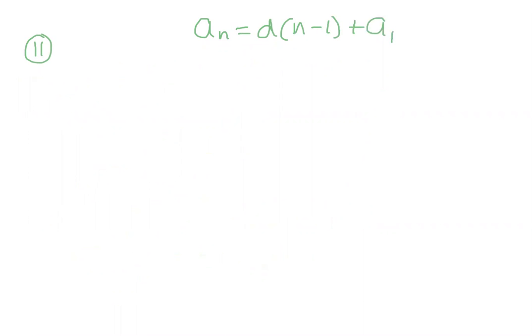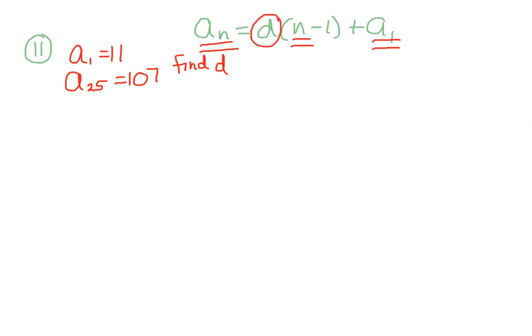All right, number 11, we have A1 equals 11, and we have A25 equals 107, and we're going to find D. So now we know this, and this, and this, and we're going to solve for this.